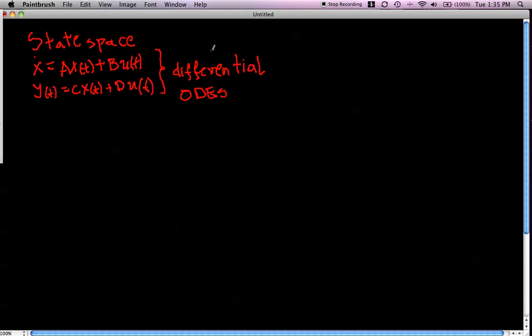Besides this differential form, this lecture is specifically looking into another, it's integral form of the system representation.